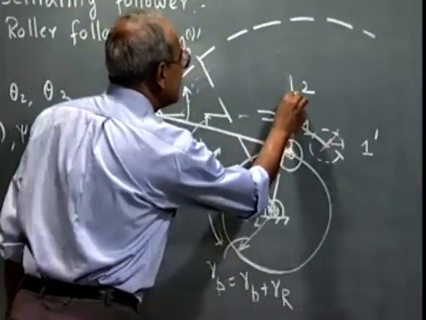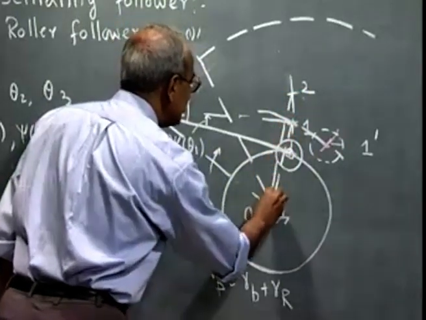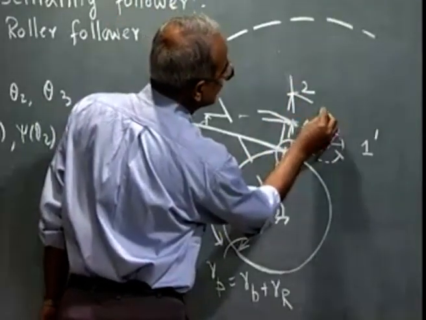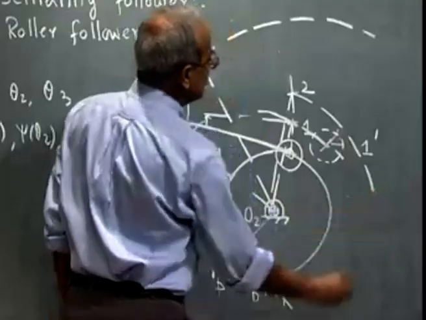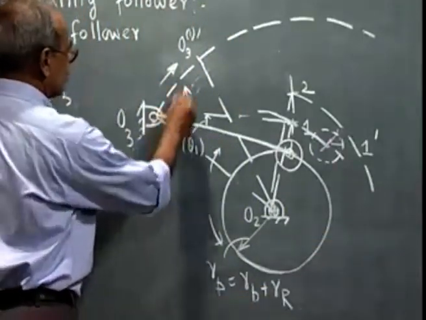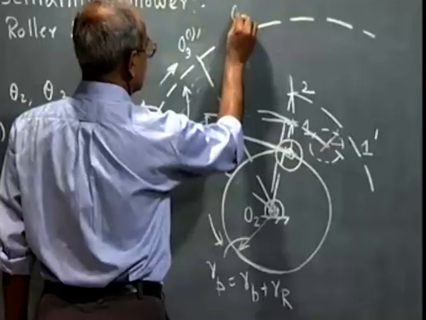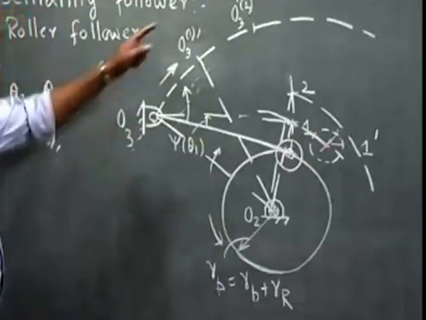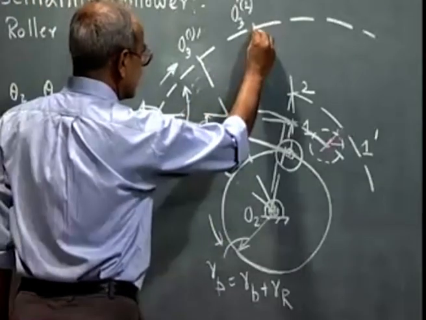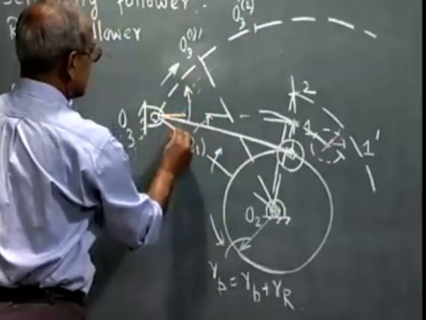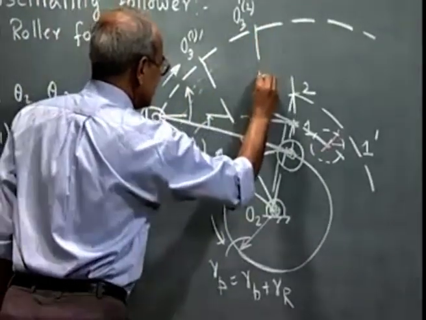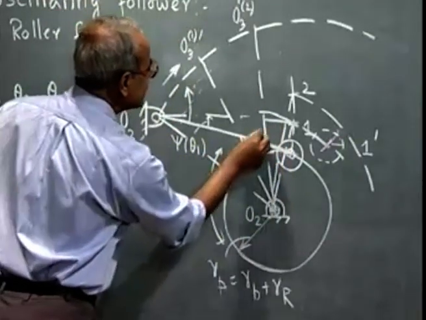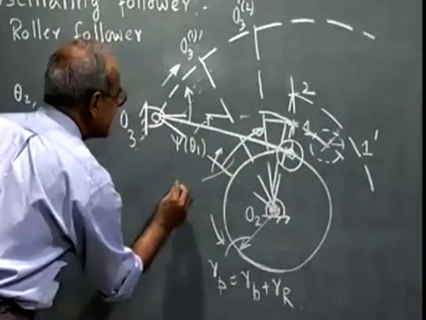We draw a circle with O2 as center and O22 as radius. 2 prime will lie on this circle, and O3 2 prime, the inverted position of O3 corresponding to station point 2, is here on this circle, such that this angle is theta 2.